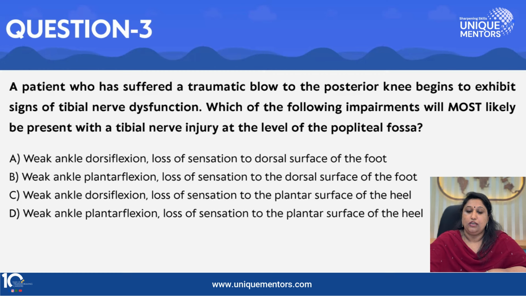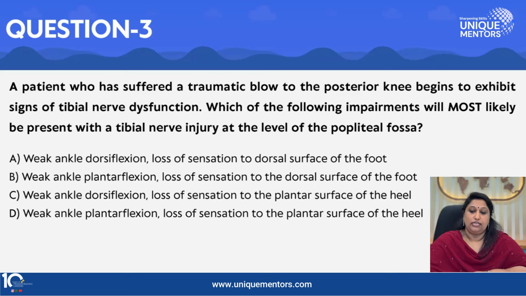Option B is weak ankle plantar flexion with loss of sensation to the dorsal surface of the foot. Option C is weak ankle dorsiflexion with loss of sensation to the plantar surface of the heel. And D, weak ankle plantar flexion with loss of sensation to the plantar surface of the heel.